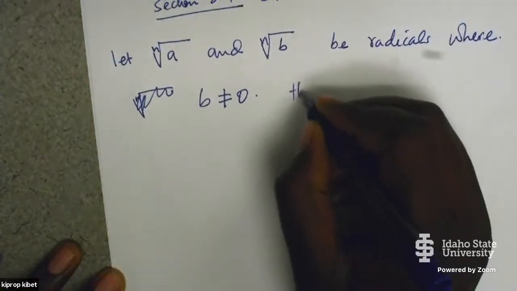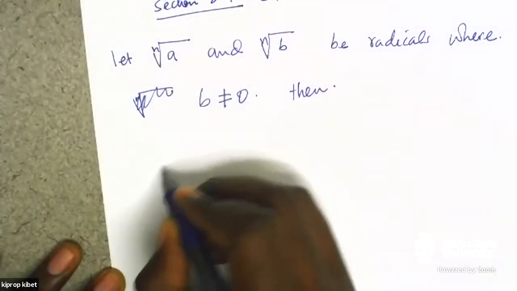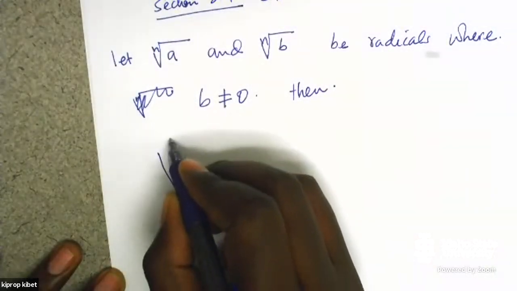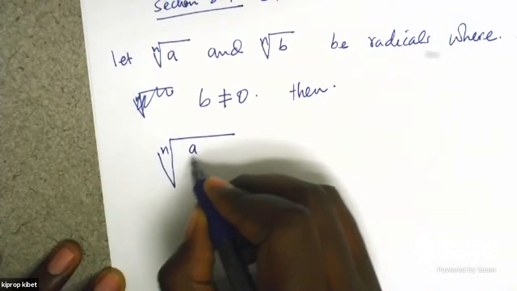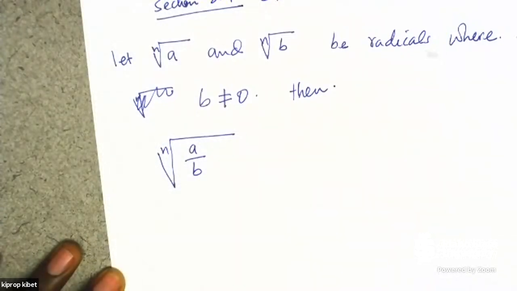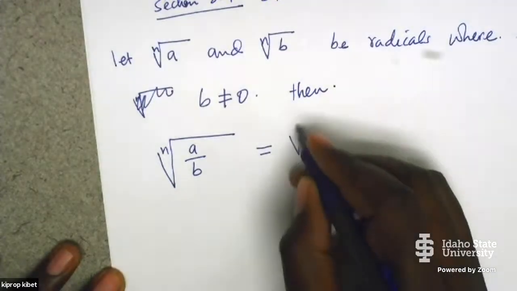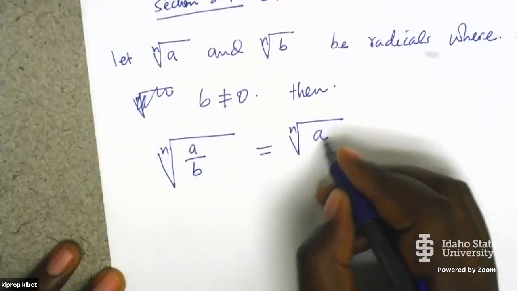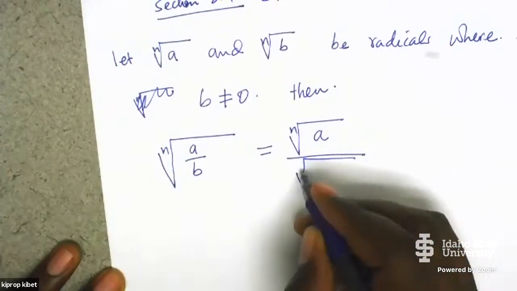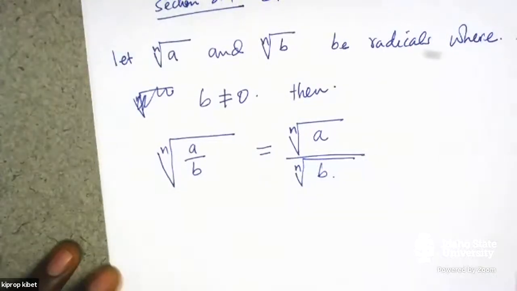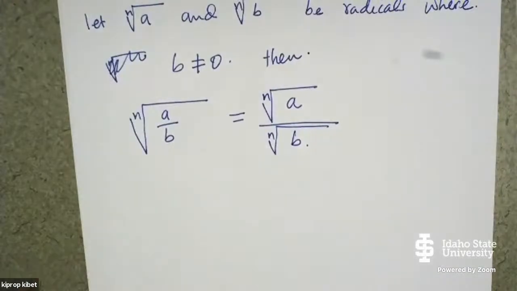Then the nth root of A over B is similar to the nth root of A over the nth root of B.